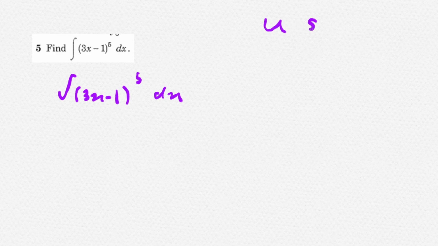Let's try a different type of example. The integral of 3x minus 1 to the power of 5 dx. So in these types of questions, we must use U-Substitution. There are many different ways to find the integration of a particular equation. So for U-substitution, let's write u is equal to 3x minus 1.